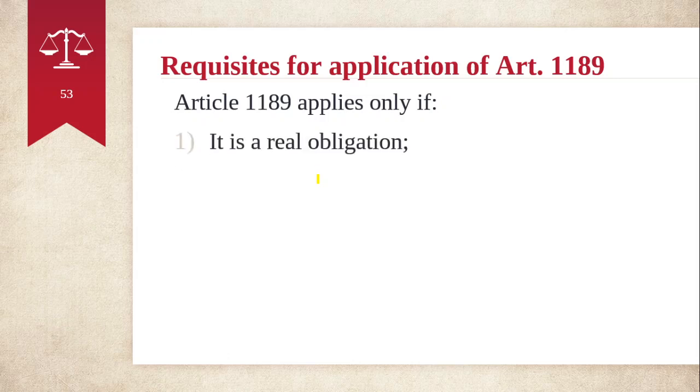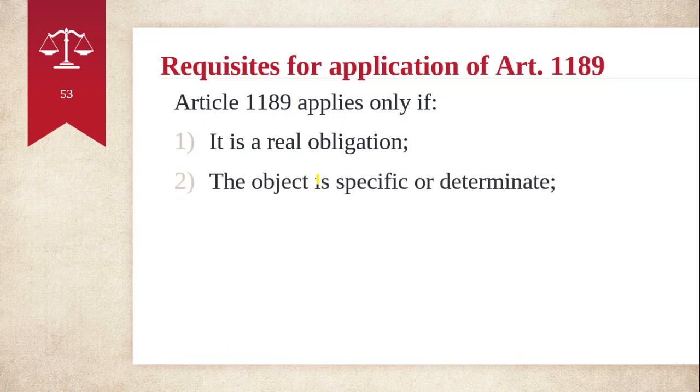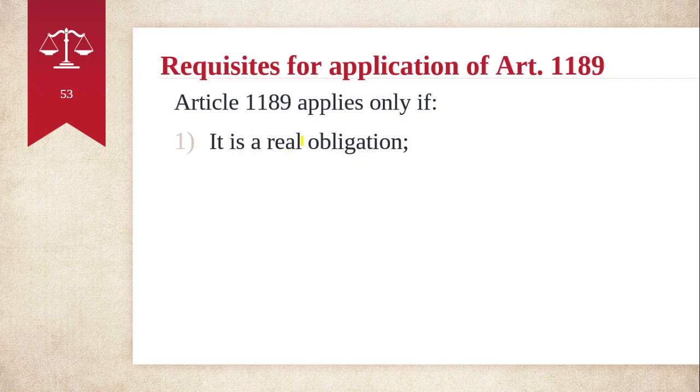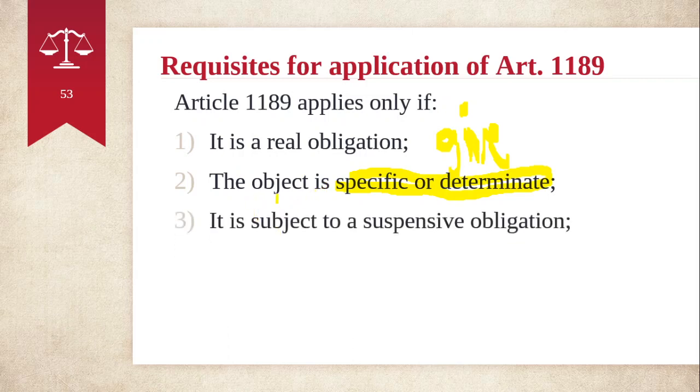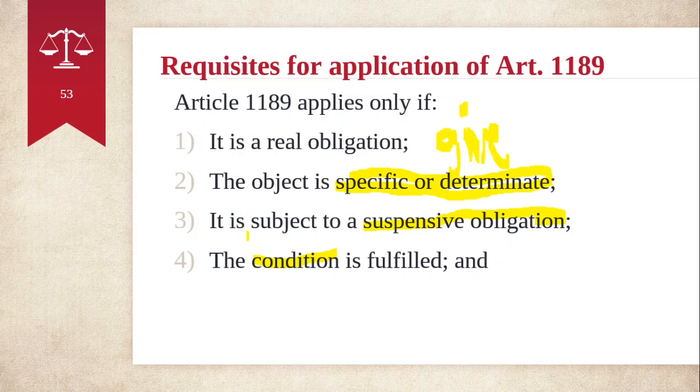Take note that Article 1189 applies only if these requisites are present. First, it is a real obligation, that is, an obligation to give. Second, the object must be specific or determinate; you cannot give a substitute. Third, this is a suspensive obligation. The condition must be fulfilled, because if the condition is not fulfilled, you will not give the thing anyway, right? Your obligation will not arise.